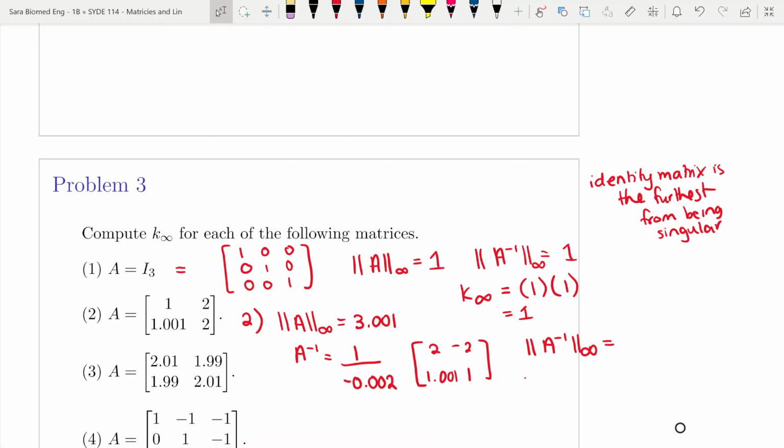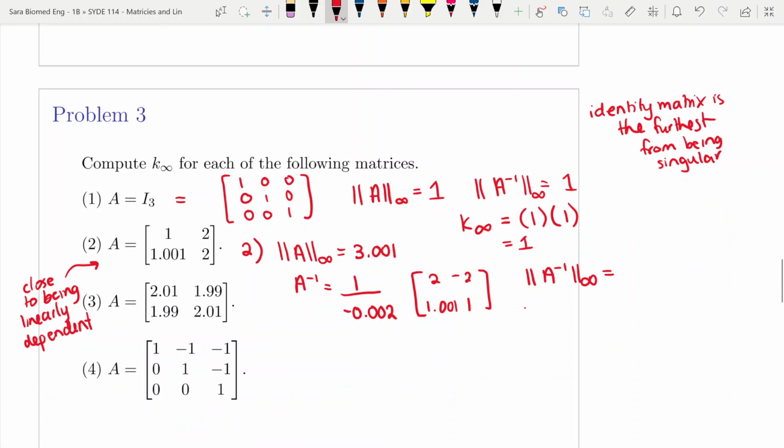Given that, without any computation, do you think the condition value for this one is going to be high or low, just by looking at the matrix itself? It's going to be high because it is very close to linearly dependent. If you look at these two columns, and you perturb this entry by minus 0.001, it becomes 1, 1, 2, 2, and then it's singular.